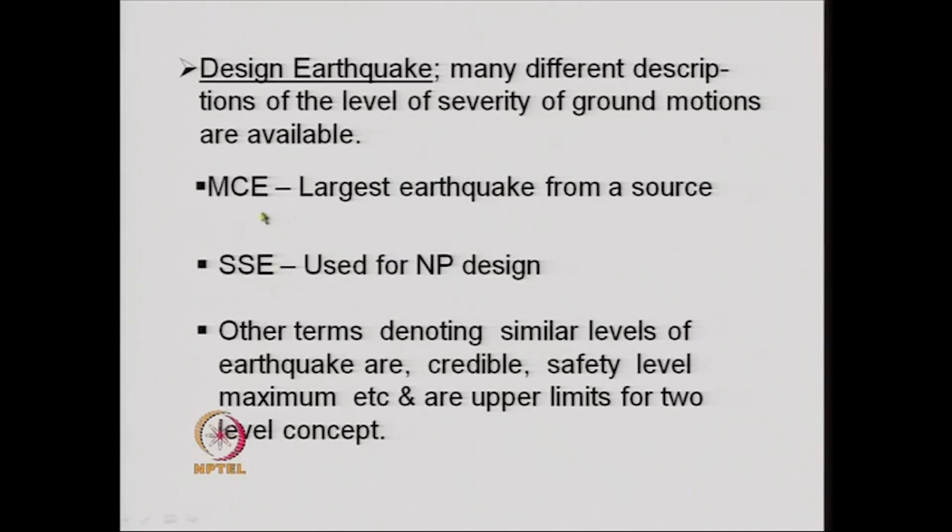Then SSE, that is safe shutdown earthquake, that is used in nuclear power plant design. Other terms which denote similar levels are credible, safety level, maximum, etc., and they denote the upper limits for the two level concept. That means they denote the earthquake PGA values for the extreme condition.